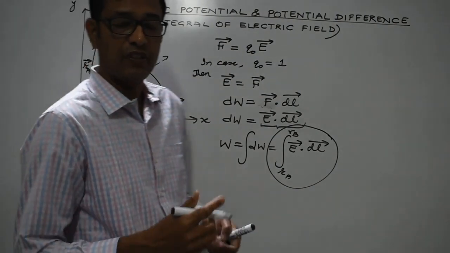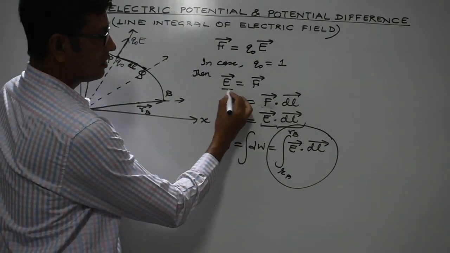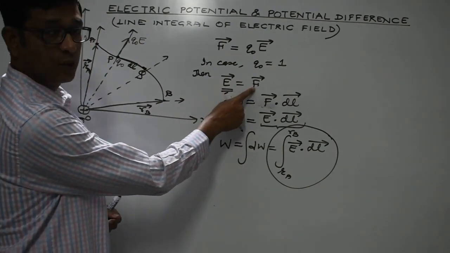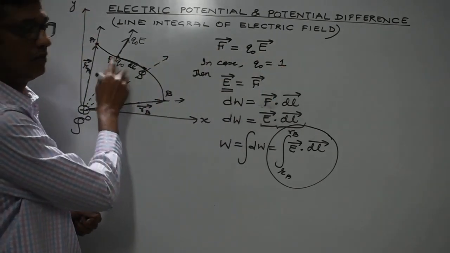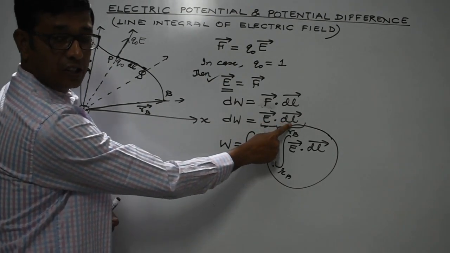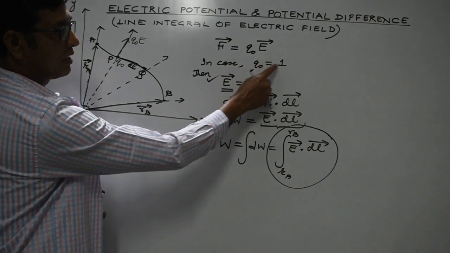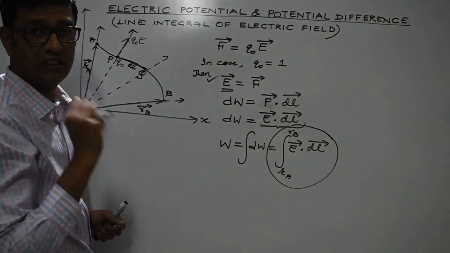So, regarding its physical significance, let's repeat it. The E vector, that is the electric field, represents the electric force experienced per unit positive test charge placed at point P. This is the first step. E vector dot dl vector represents the small amount of work done in moving this unit positive test charge from point P to Q through an elementary distance dl.